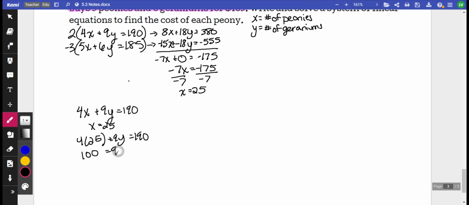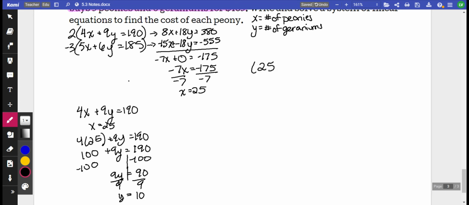So that's 100 plus 9y equals 190. Subtracting 100 from both sides, you get 9y equals 90. Dividing both sides by 9, get y equals 10.